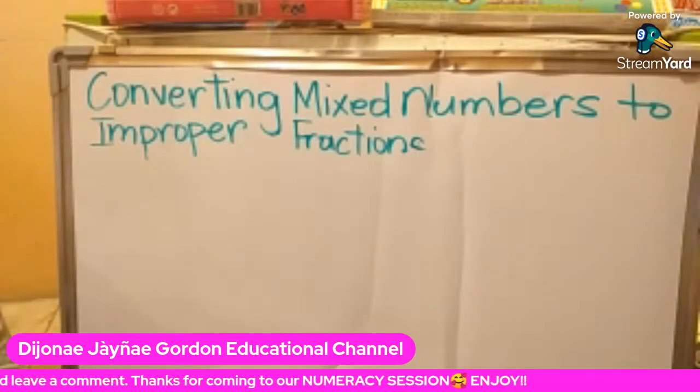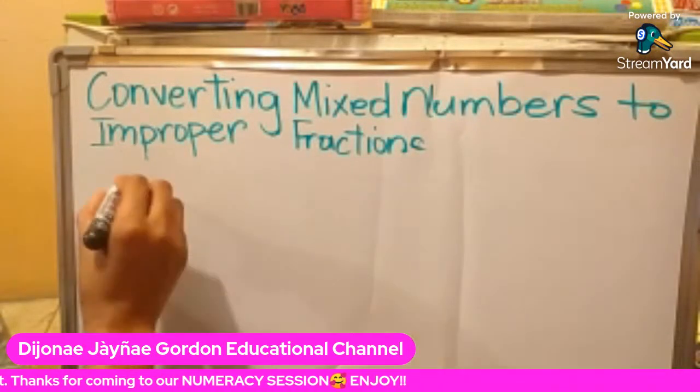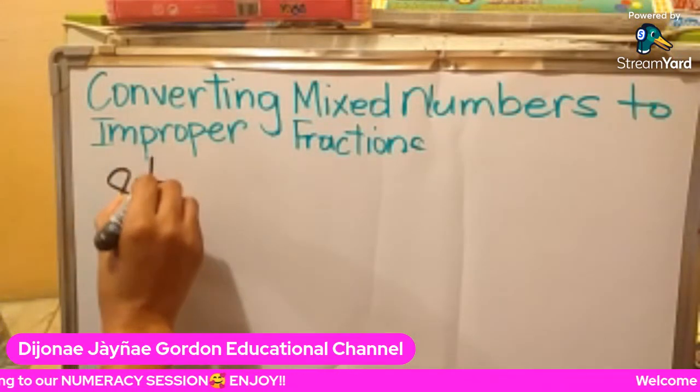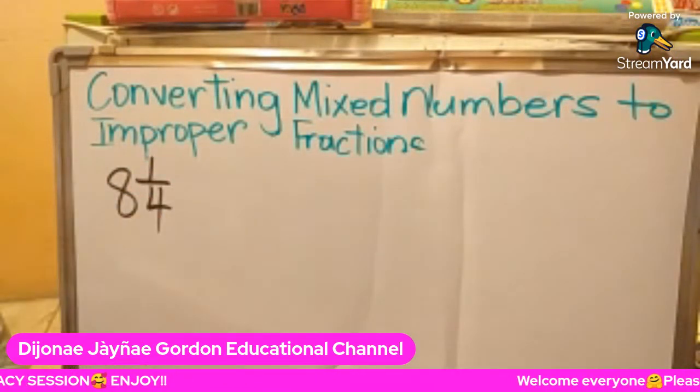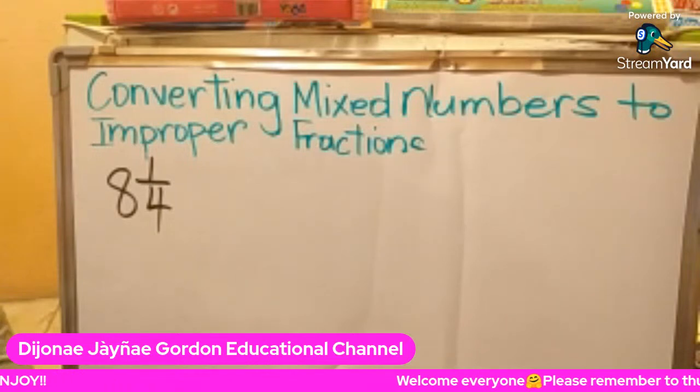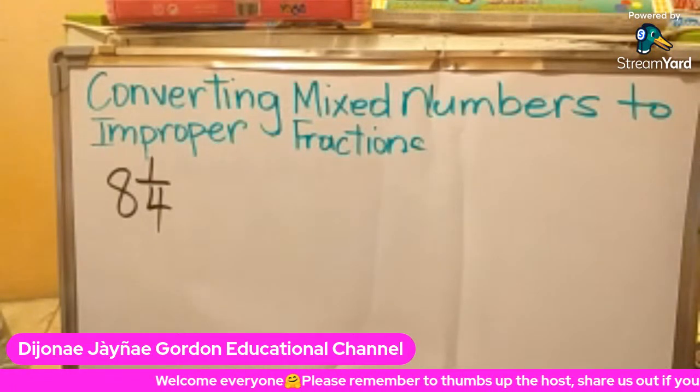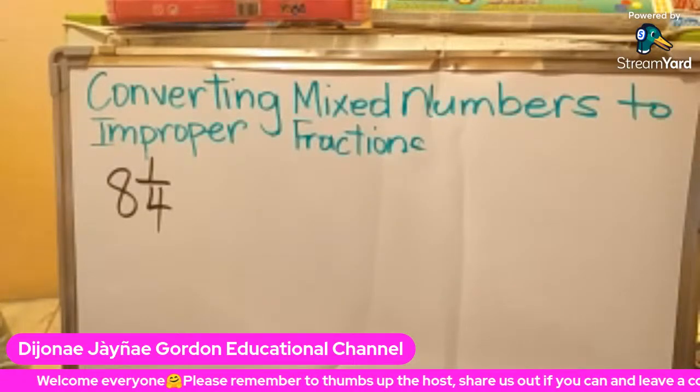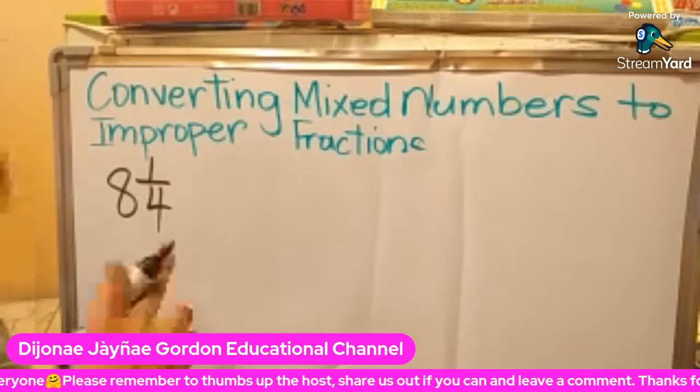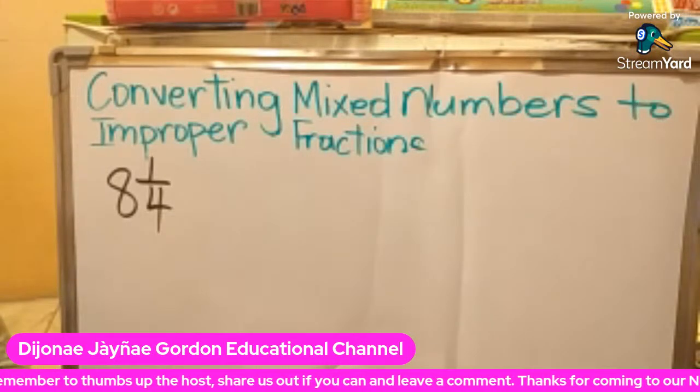And we're going to take the next one. So we have 8 and 1 over 4. And 8 and 1 over 4 is what we call a mixed fraction or a mixed number. We are changing it to an improper fraction.